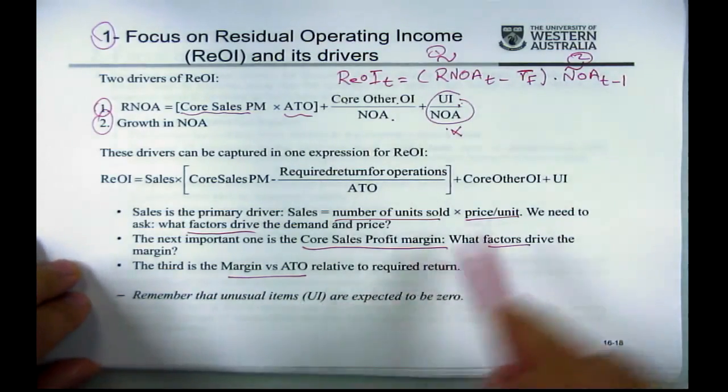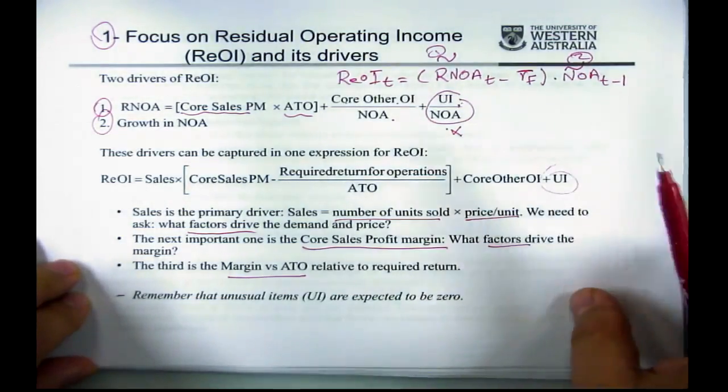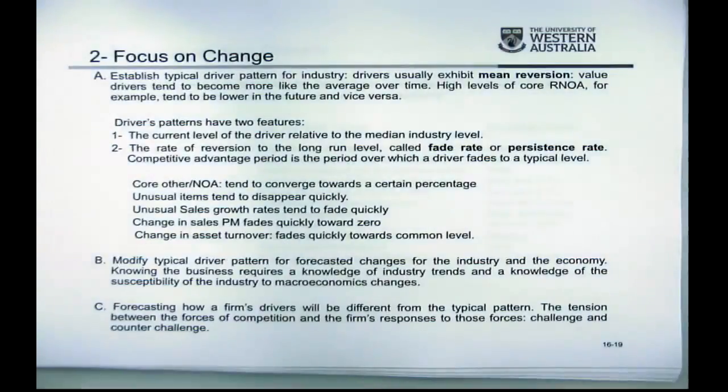Remember again, unusual items can be ignored or dropped out when we forecast the operating income and use it in the valuation. Once you have identified the drivers, the next step is to focus on any change, or to figure out if there is any change.